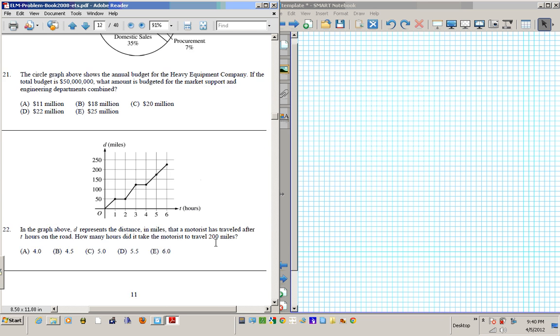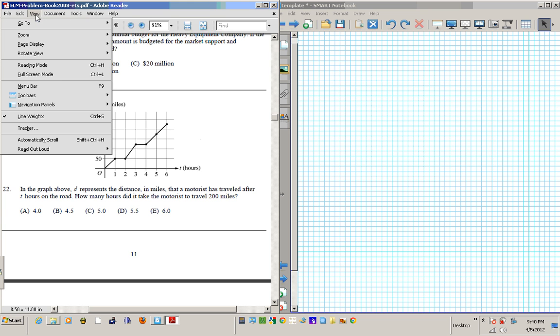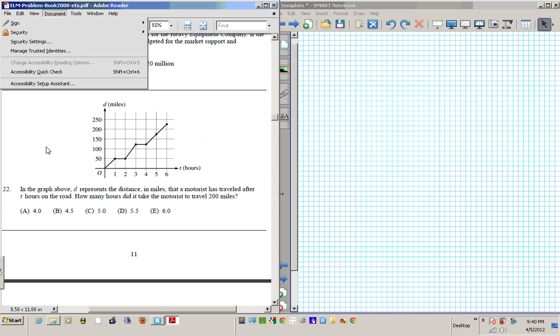Question 22. It says in the graph above, D represents the distance in miles that a motorist has traveled after T hours on the road. How many hours does it take the motorist to travel 200 miles? So for this one, this is basically a problem where we're just reading graphs.